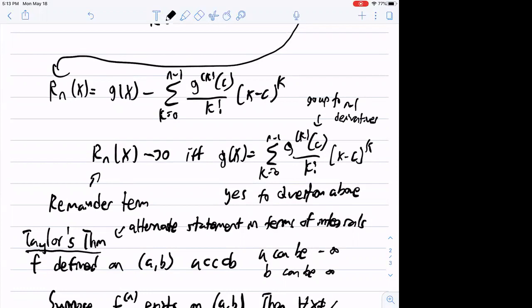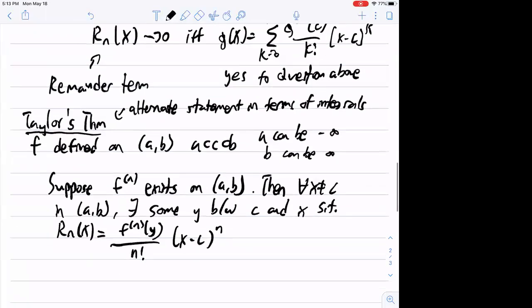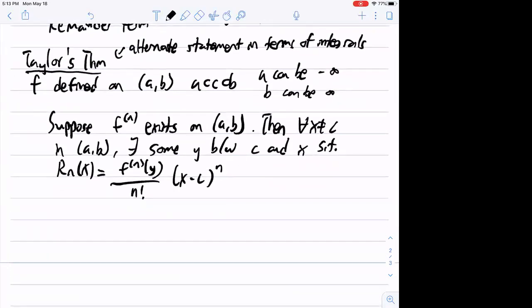So what the theorem is saying is Rn of x is sort of bounded by the next derivative. So we don't care about all the other terms. You can see this sort of looks like the mean value theorem. The proof involves MVT, I guess, and it's really similar. There exists some y such that the derivative has that property.